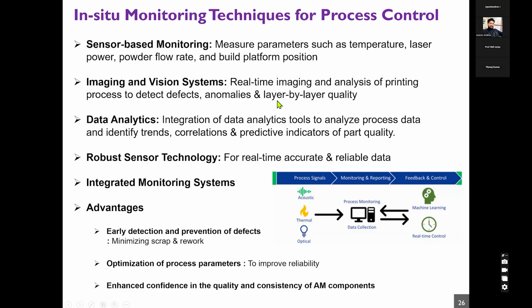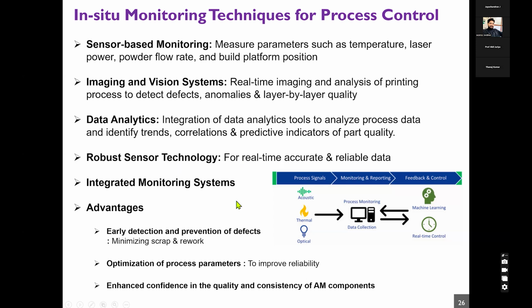We can also analyze the quality layer by layer as each layer is being printed in that particular component. We can collect a lot of data and use data analytical tools to analyze the process data, identify trends, and identify the correlations between the process parameters and the defects, which can be predictive indicators of the part quality ultimately.